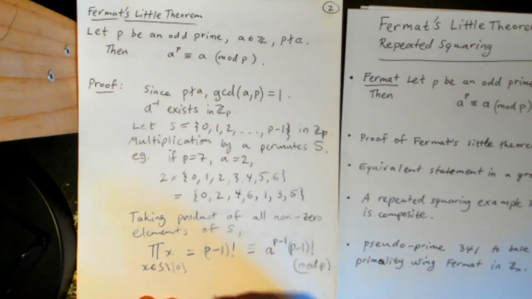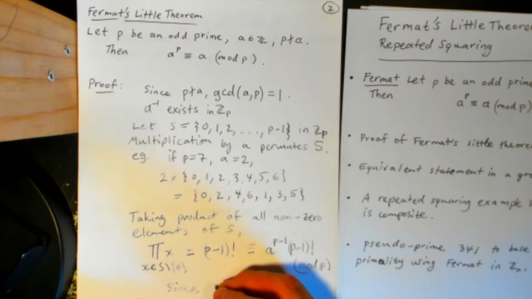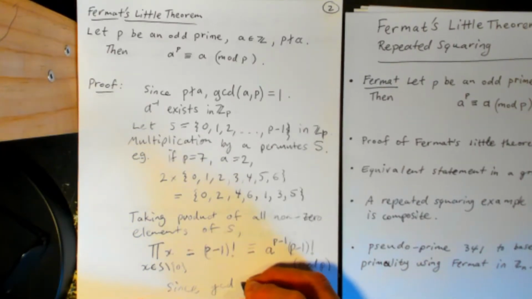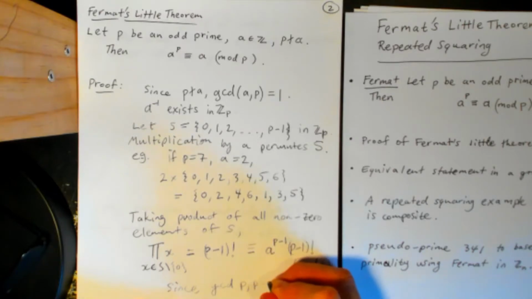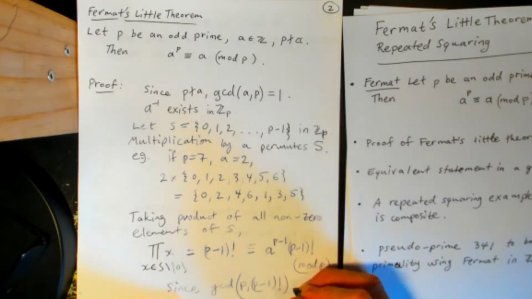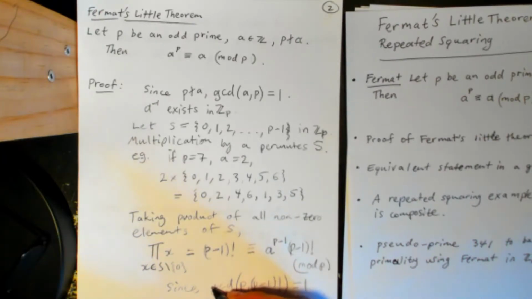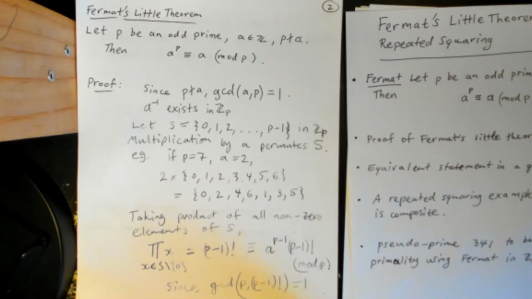Okay, so given that, now we need to notice that the GCD of p and p minus 1 factorial has to be equal to 1, because none of the numbers in this product here have a common divisor with p, because p is prime.